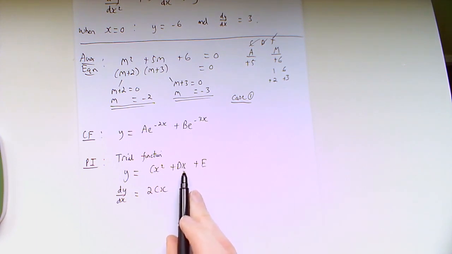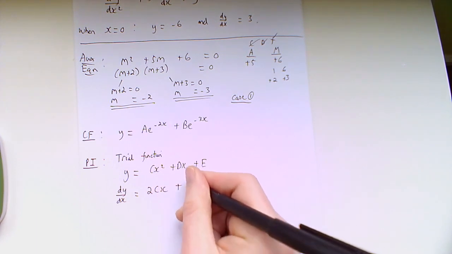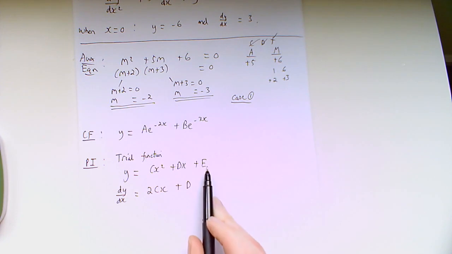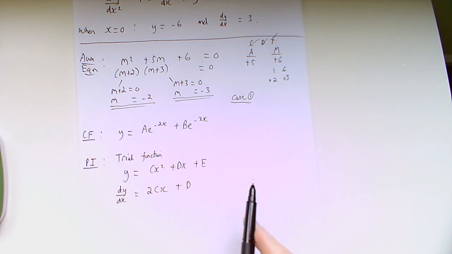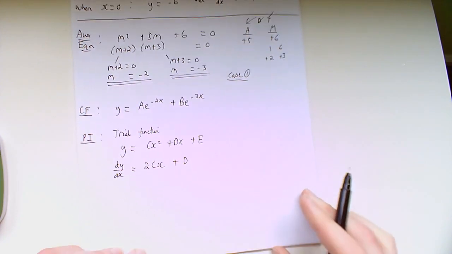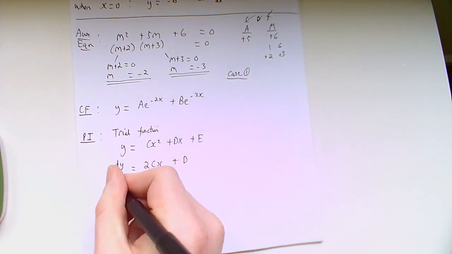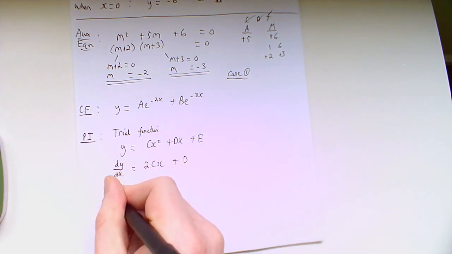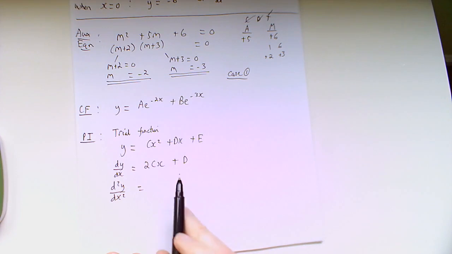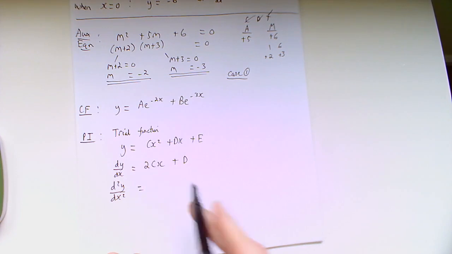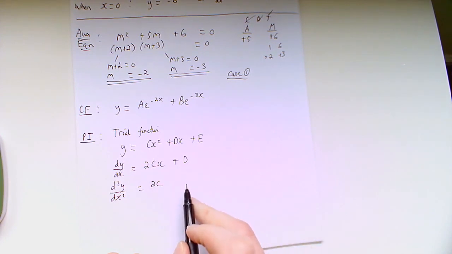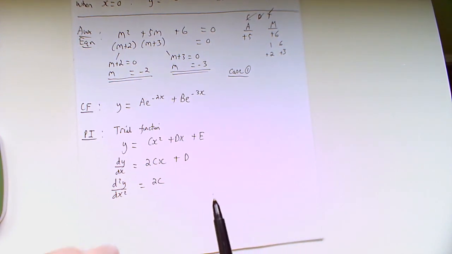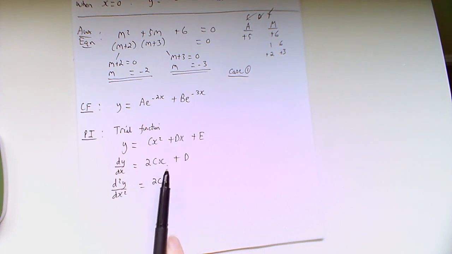If that was 2x, it would just become 2. So dx just becomes d. And if e is just a number, you differentiate a number, you just get 0, so it goes away. And then I need to differentiate it again. So again, a number times x, you differentiate that, you just get whatever the number is. If I differentiate a number, I get 0. So those are my y, my dy by dx, and my d squared y by dx squared.